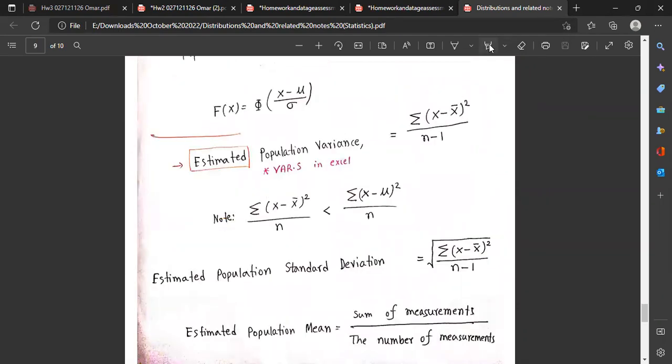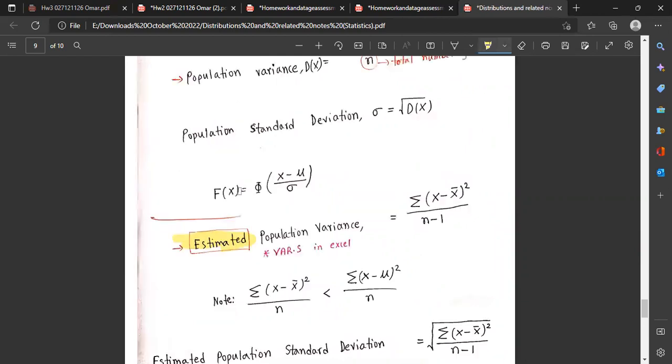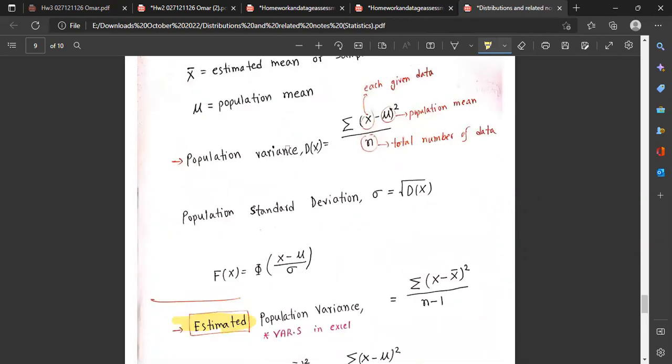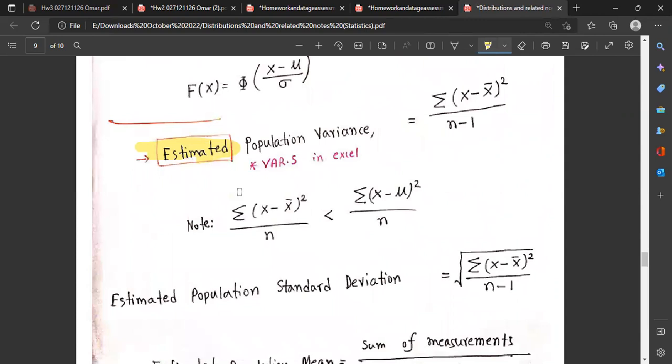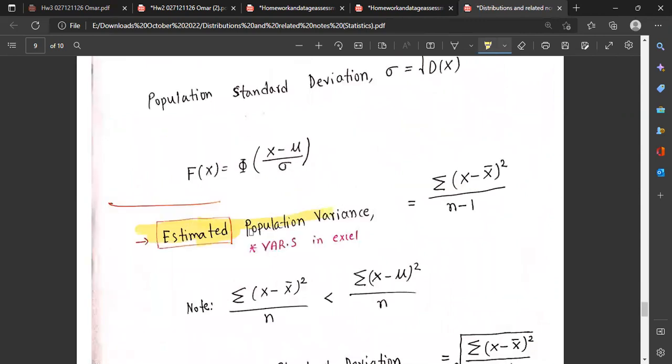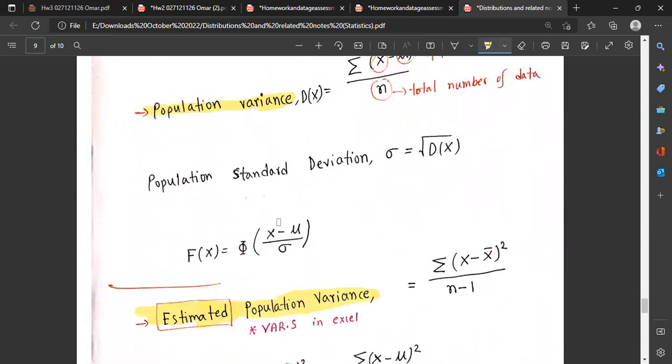So it is called estimated, okay? Estimated. So estimated and not estimated, or you see here population variance, and here is estimated population variance. So that these two are different. So why they are different?